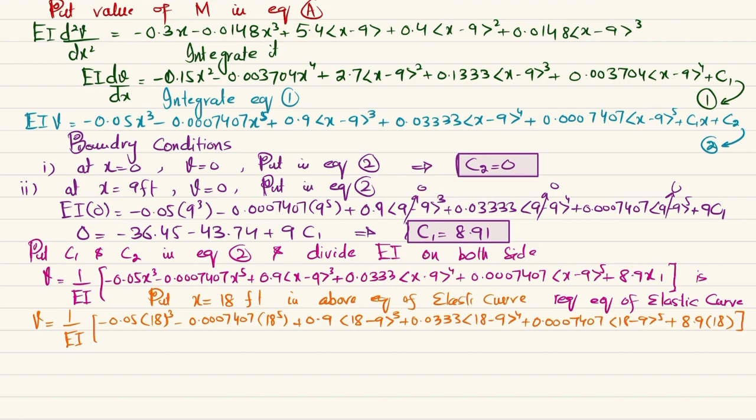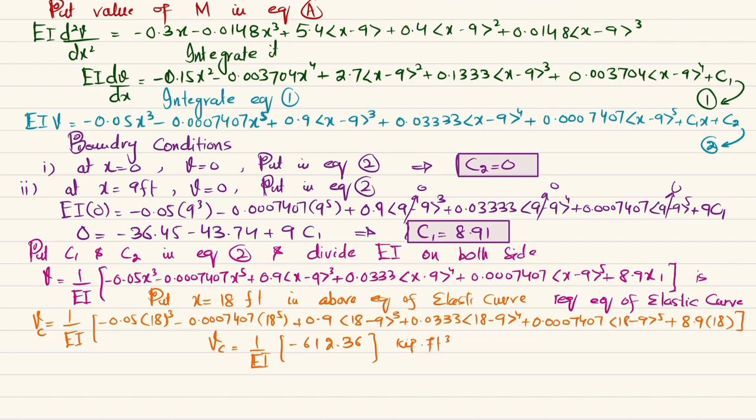When you solve this, you will get v, that is the displacement at C, equal to 1 over EI times minus 612.36, and the unit will be kips into cubic feet.